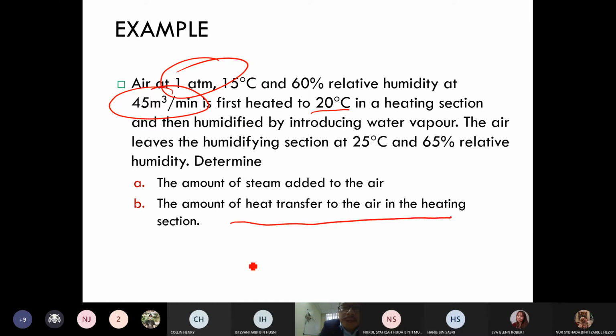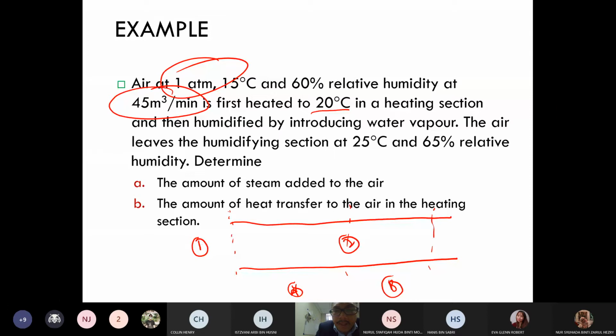If we draw the schematic diagram, this is the first section and this is the second section. Or we can say this is section A and this is section B, where state 1 is the inlet, state 2 is the exit, and A is the heating section. Process B is the humidifying. Then you go to state 3.